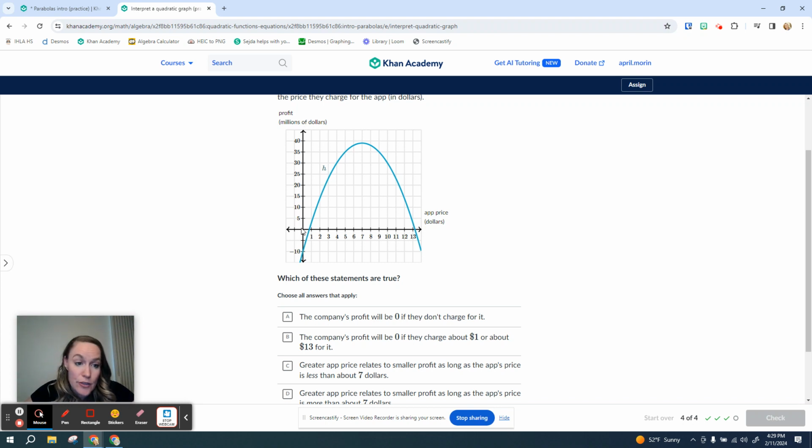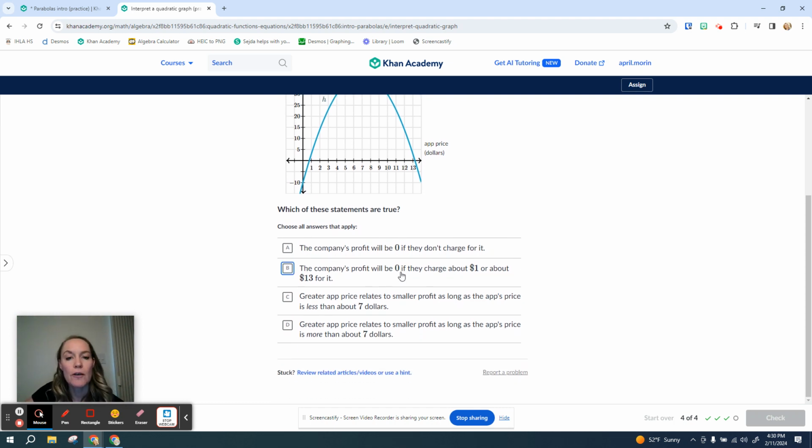This is the y-intercept. Maybe the company had to pay some developers to develop the app, and so they're going to be out $10 million. They're going to be in the hole $10 million if they don't charge for this app. Okay. So that is not true because the profit is not 0. It's negative 10 million.